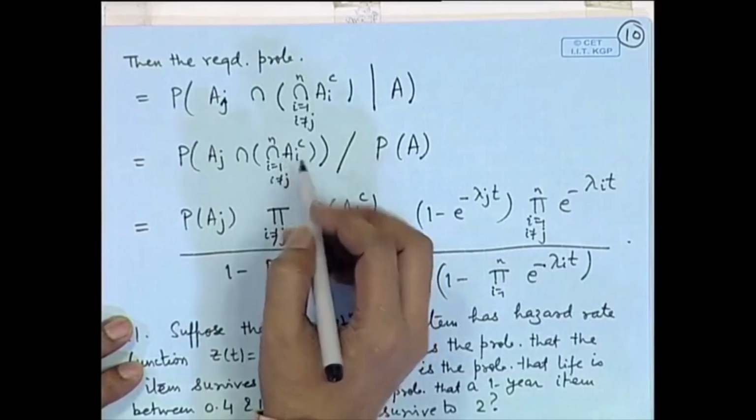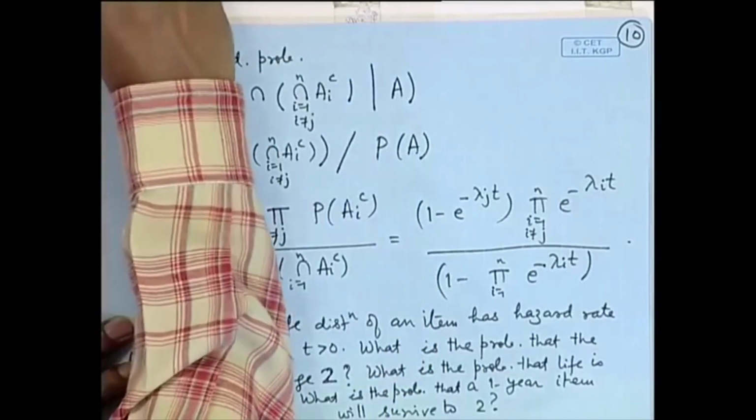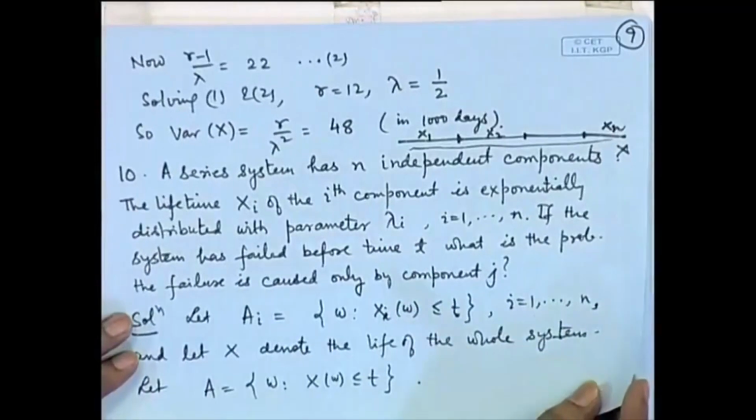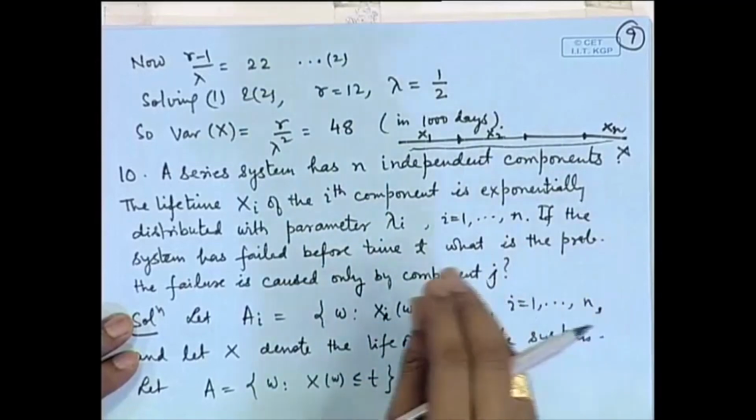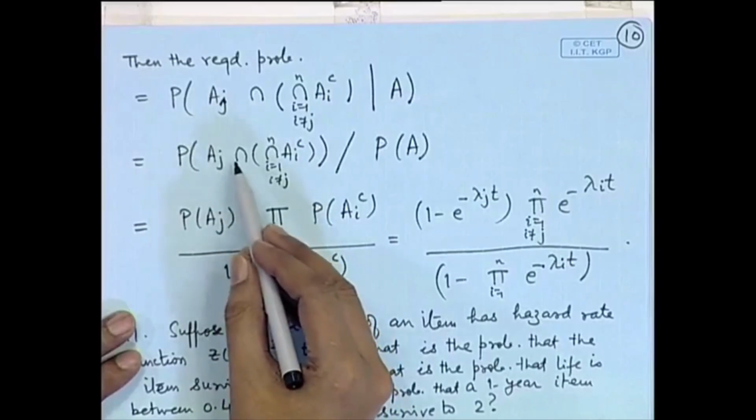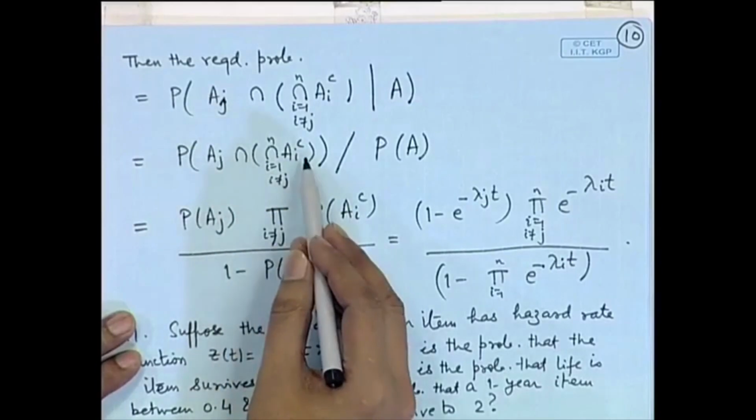Now, at this stage we make use of the assumption that the components work independently. That means failure or non-failure of an individual component does not affect the failure or non-failure of any other component. So, here we can apply the formula for the probability of the intersection of independent events.